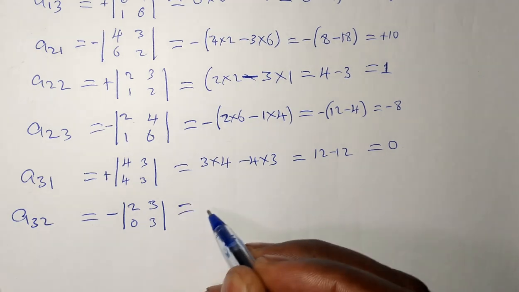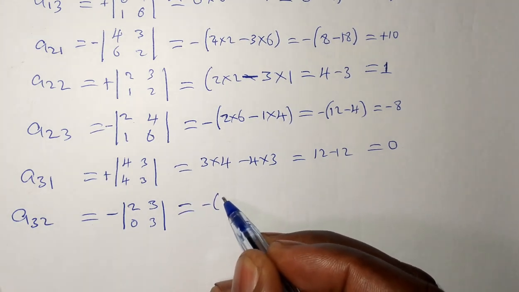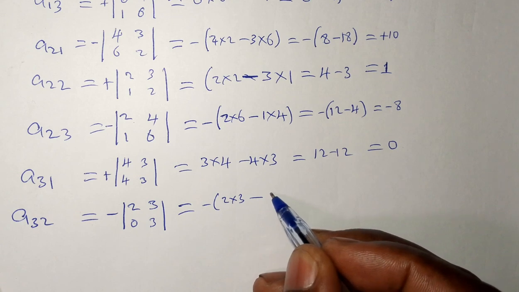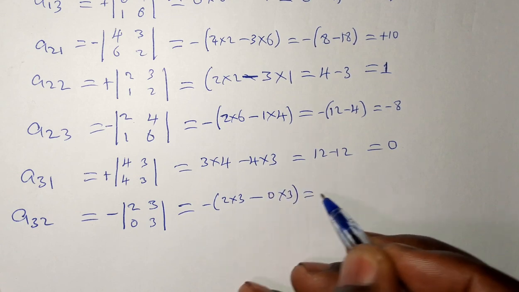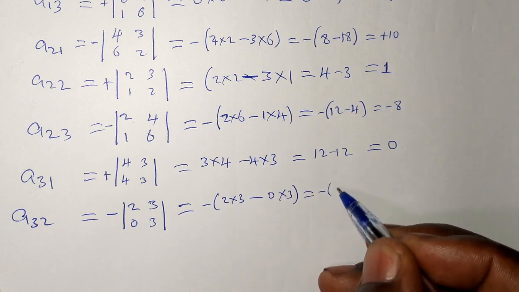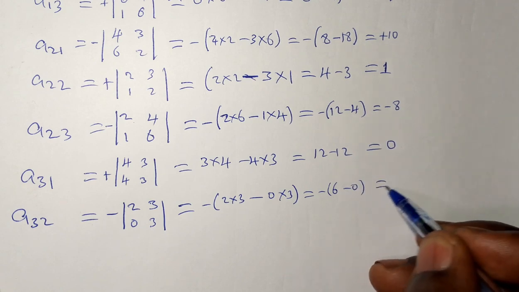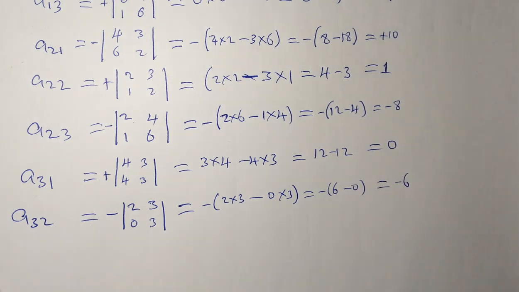Which is equal to minus bracket 2 times 3 minus 0 times 3. This will give us minus open bracket 6 minus 0, and then we have this to be minus 6.